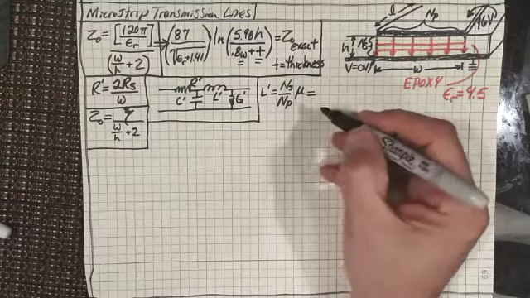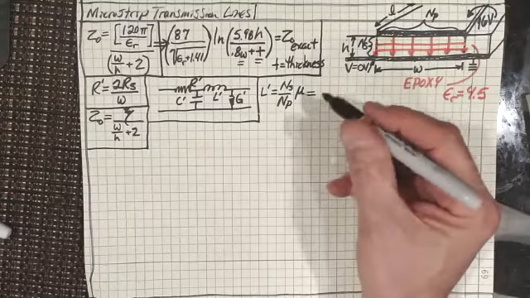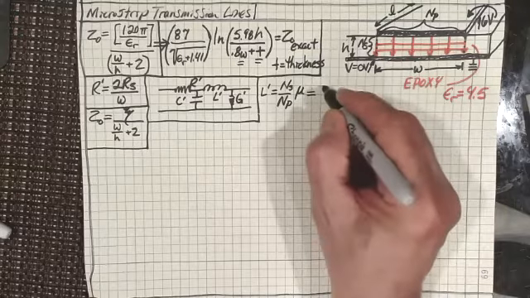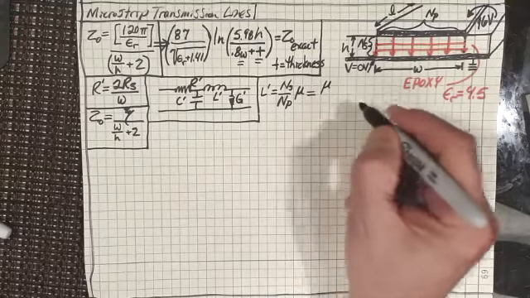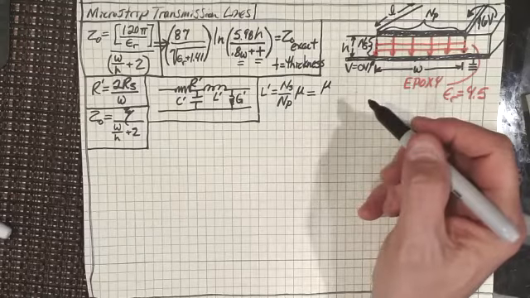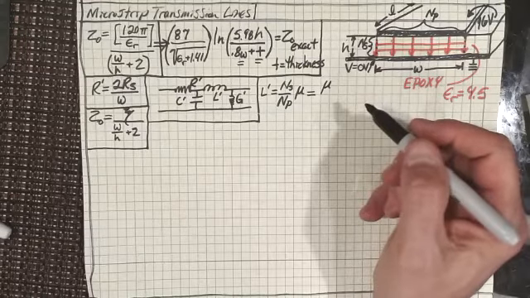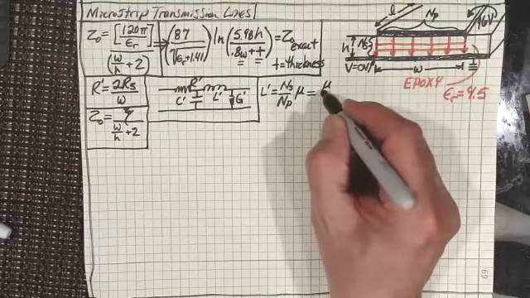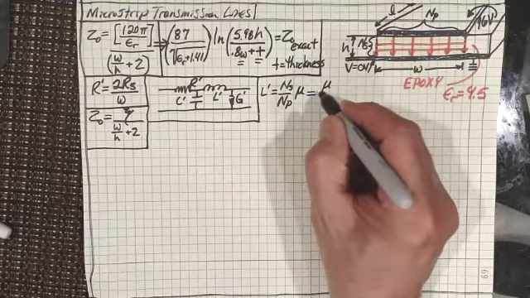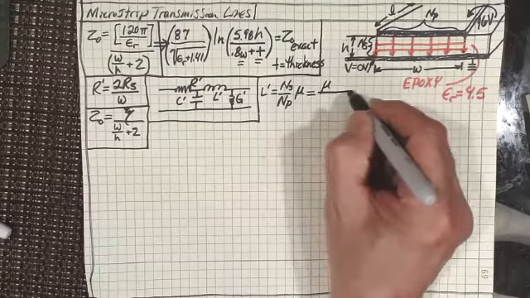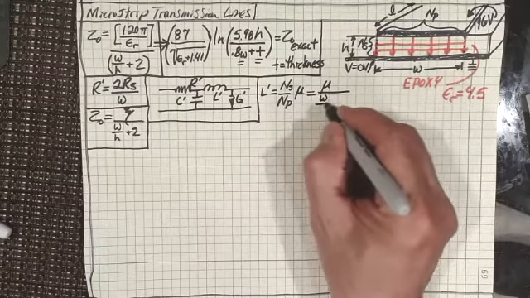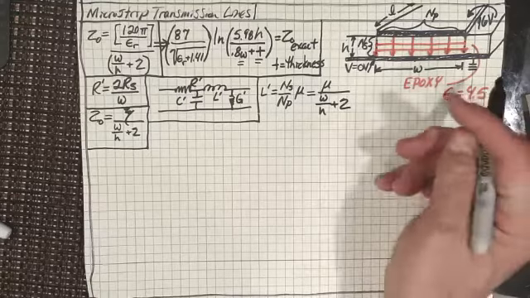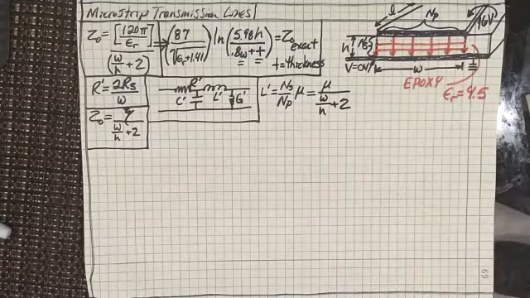So what the equation ends up working out to is mu of the dielectric, right, over W over H plus 2. All right.